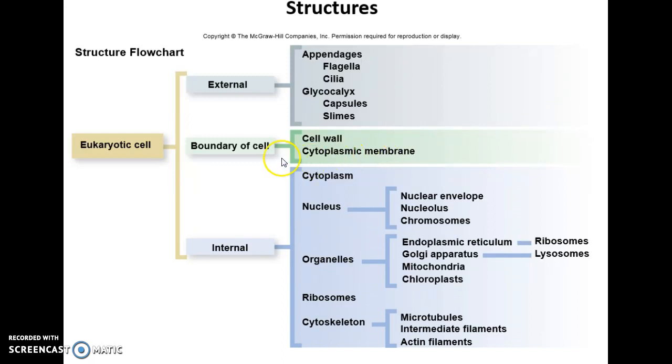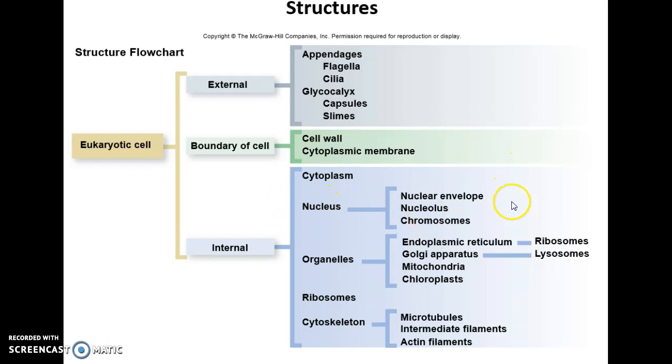All right, the boundaries of the cell wall, cytoplasmic membrane, very similar to the prokaryotics. And then within the internal part of the cell, you have cytoplasm, and then you have the nucleus. In the eukaryotic cells, you have the nucleus, whereas in the prokaryotic cells, you have the nucleoid.